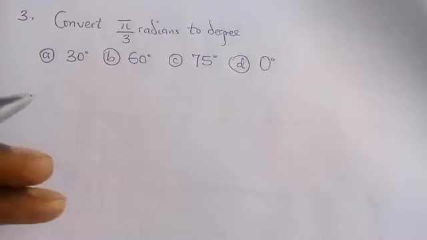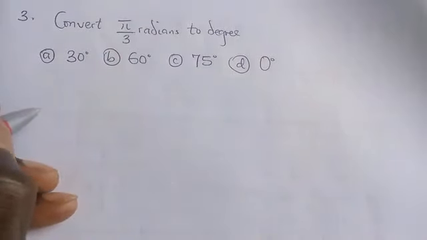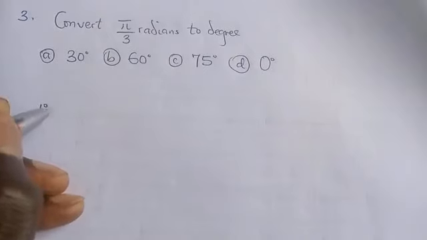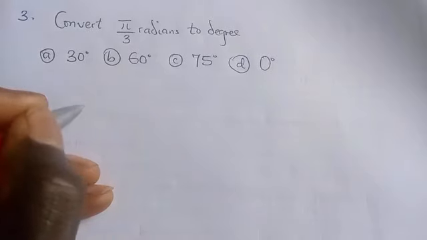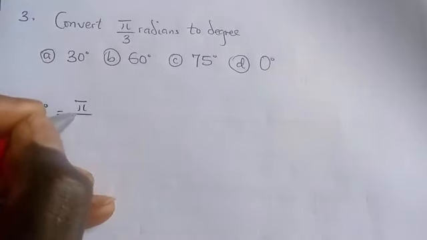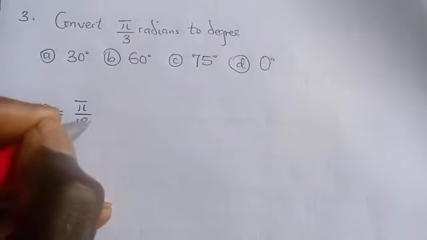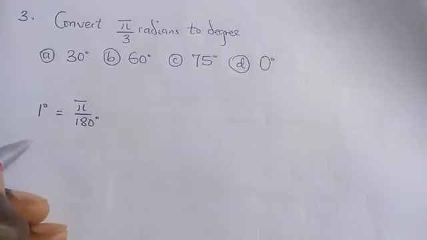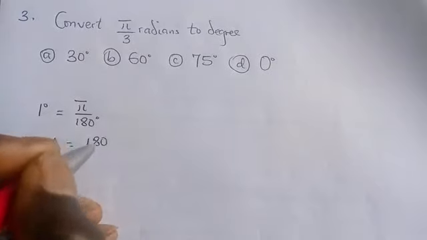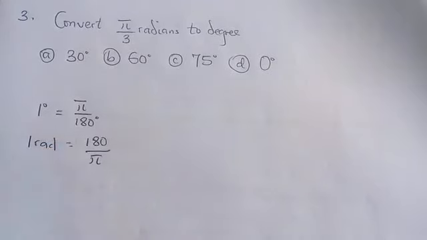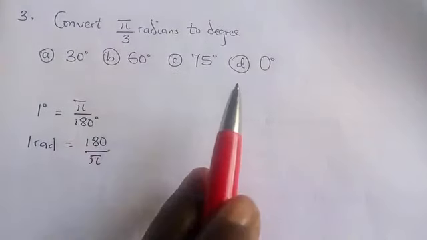The conversion factor from degree to radian is pi over 180 degrees, while from radian to degree we have 180 over pi. So for this particular question, we are asked to convert from radian to degree.